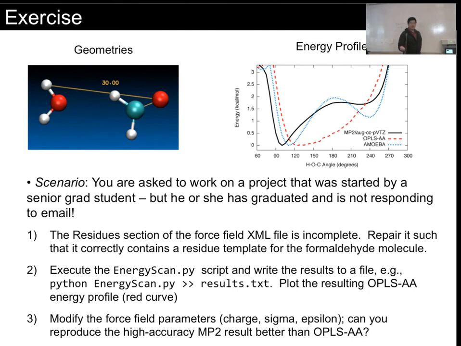I've actually provided a file called mp2.txt, which contains all the energies from the high-level quantum method. So you can compare OPLS to the quantum method, although the amoeba part is not a part of this exercise. And then finally, something you could do for fun if you have time is tweak the force field parameters by hand, especially the non-bonded parameters, because they are what come into play for this exercise, and see if you can reproduce this MP2 result a little bit better than the original OPLS parameters can do.